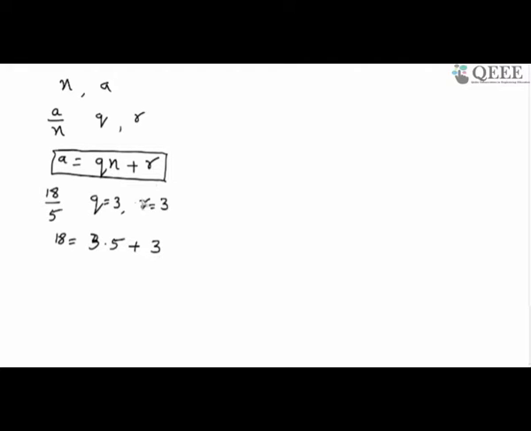One thing we know about this particular remainder is that it has a value between 0 and n. So r lies in the range 0 to less than n, and the value of q is the floor of the function a divided by n, right?